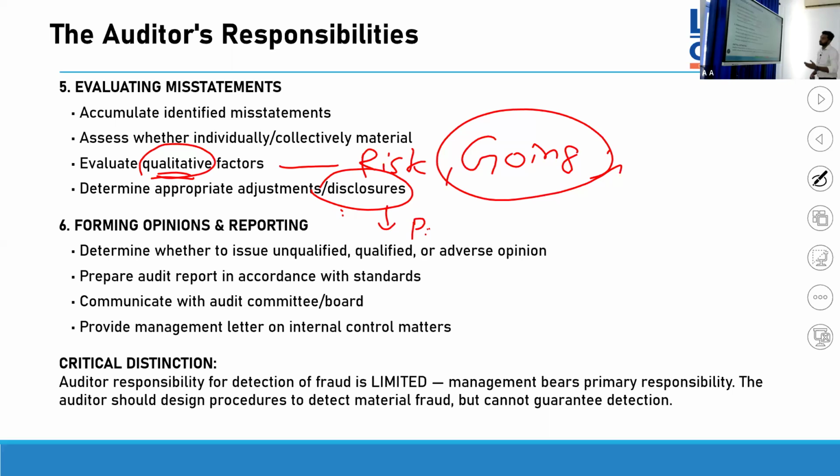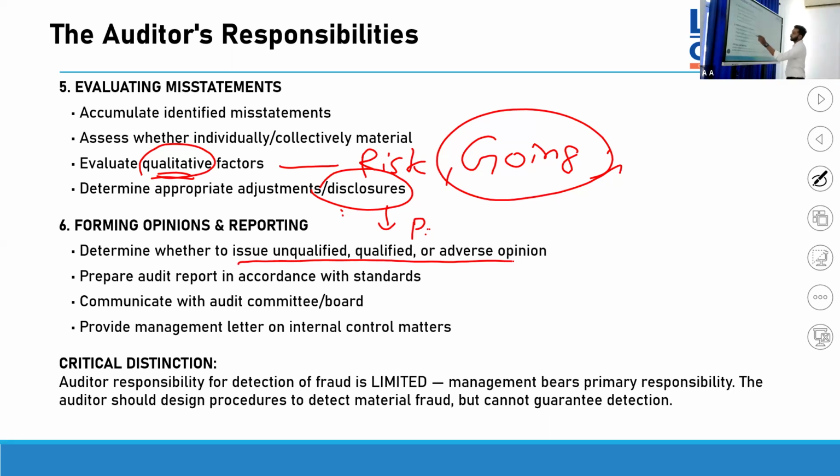So once we have evaluated material misstatements and misstatements, qualitative factors, risk factors, all the things, finally, we must determine whether to issue an unqualified, qualified, or adverse opinion, right?